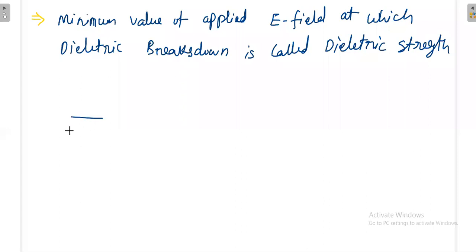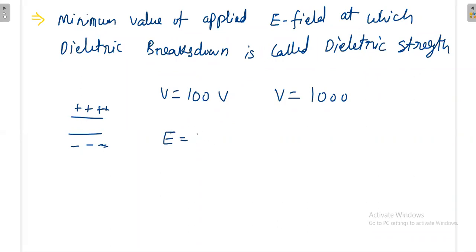Say, for example, you have a capacitor like this, with some plate distance D, and definitely there will be some voltage rating. Say the voltage rating is 100 volt. That means you cannot apply more than 100 volt, because D is fixed. But instead of 100 volt, if you apply 1000 volt, what will happen? The electric field depends on D, the distance between the plates.